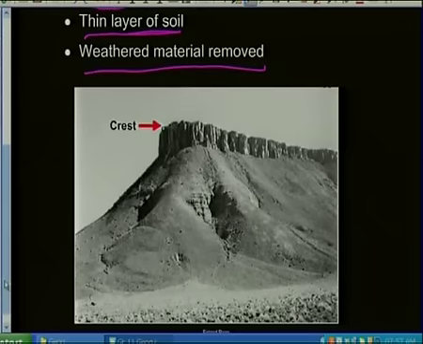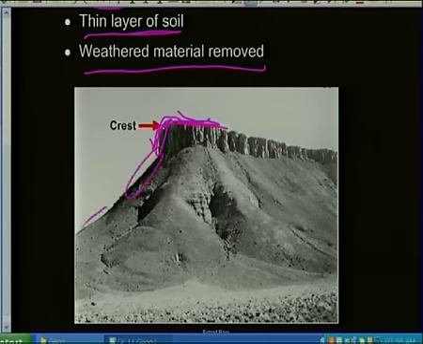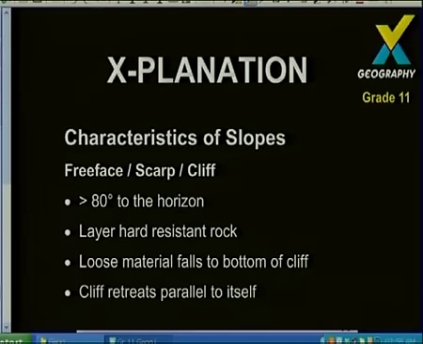Looking at the photograph, the crest is the upper limit of all slope elements. Note it's convex in shape. And note all the material that accumulates runs down from the first element, down towards the cliff, talus, as well as pediment.